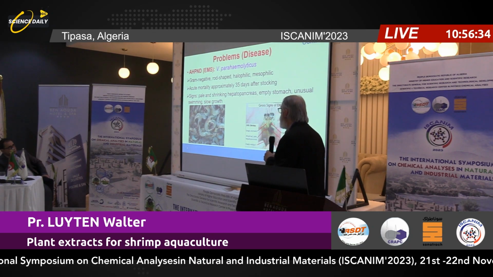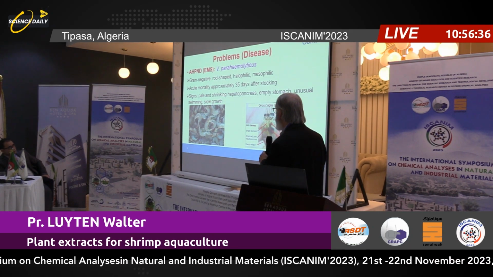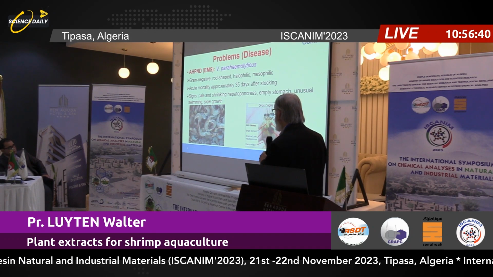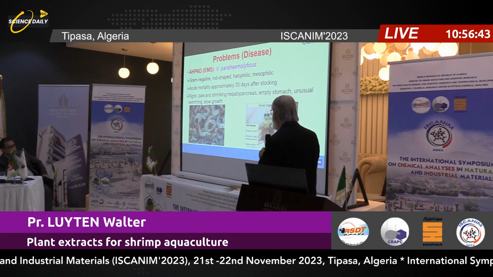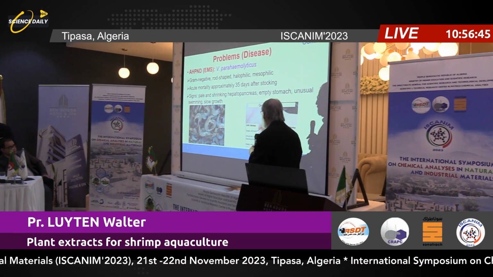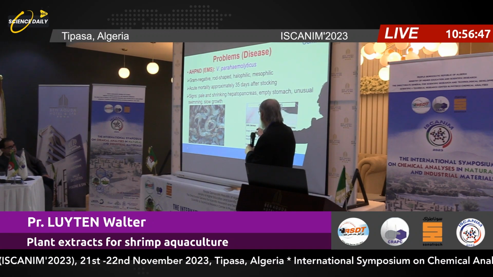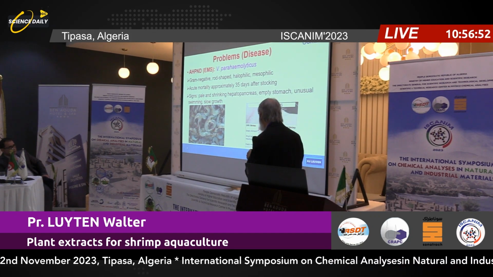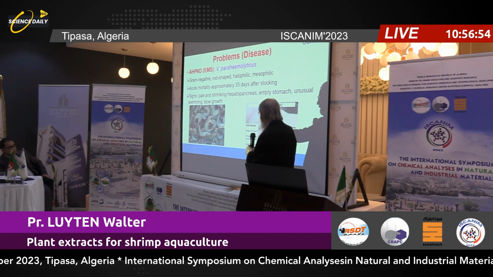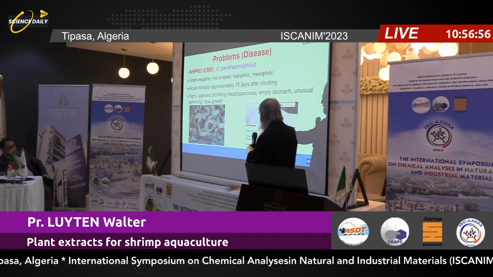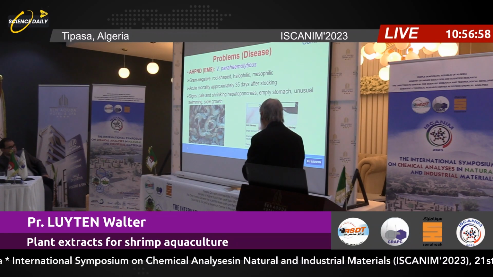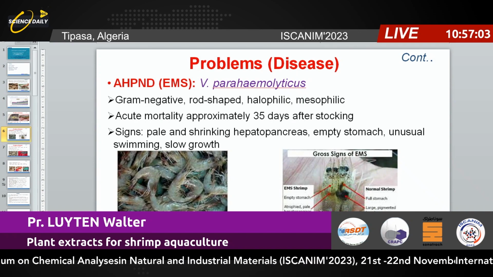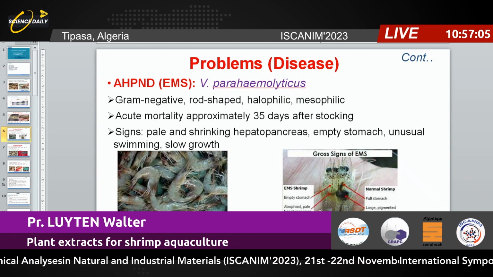It causes acute mortality amongst the cultivated shrimp approximately 35 days after stocking. And the signs, here you can see a shrimp with disease and a normal shrimp. So the stomach is empty because it stops eating. The liver and the pancreas are basically destroyed, and the stomach in the normal shrimp is full. And also the rest of the gut is empty because, as I said, they stop eating.